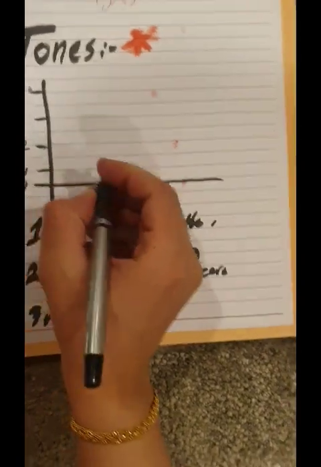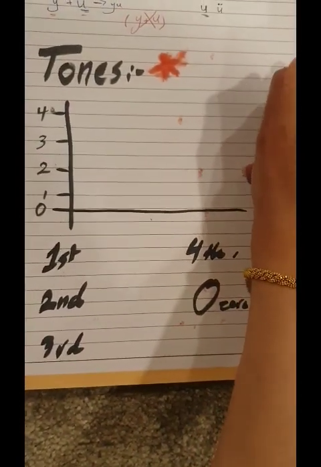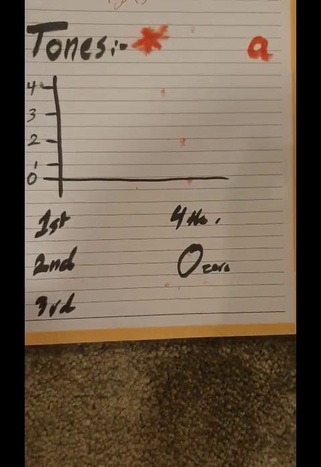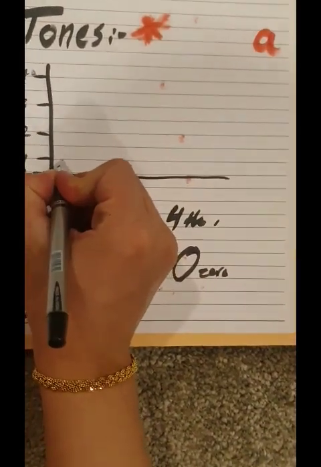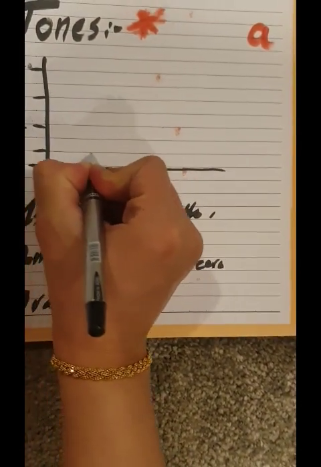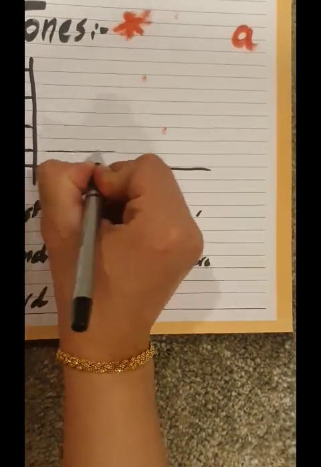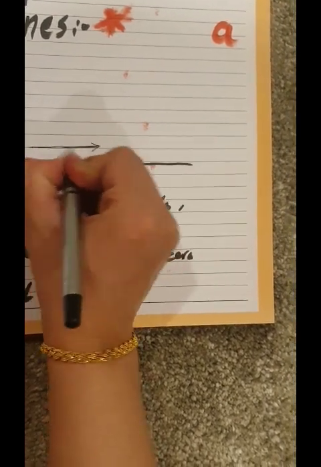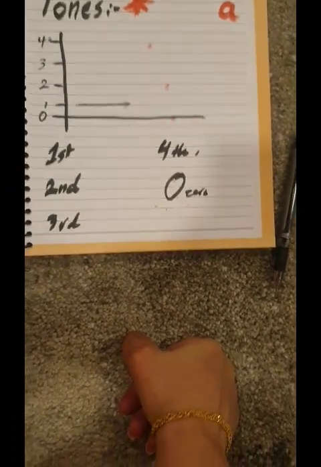Let's imagine that we are talking about letter A. We're going to put the tones on letter A. So, your voice with the letter A is in a straight line only.